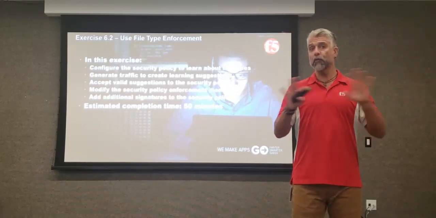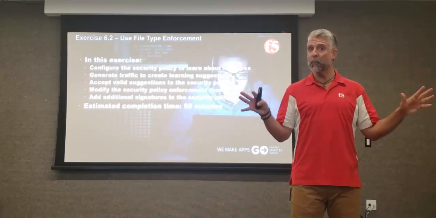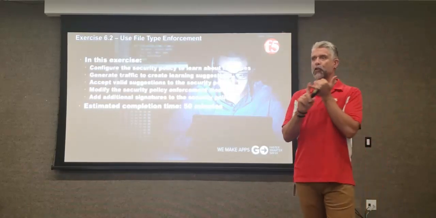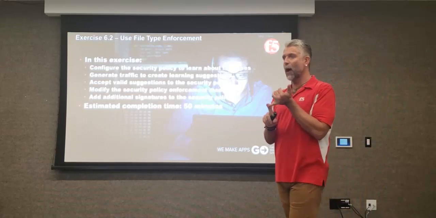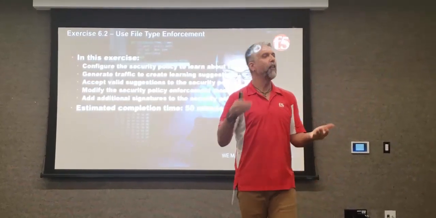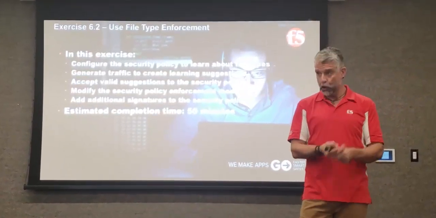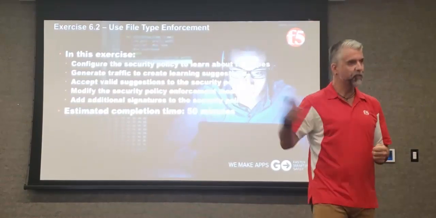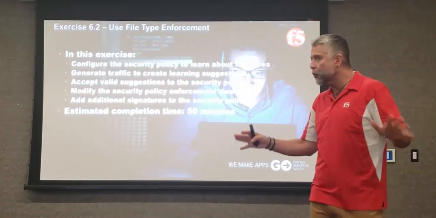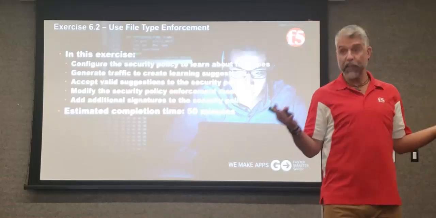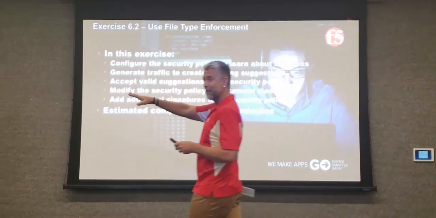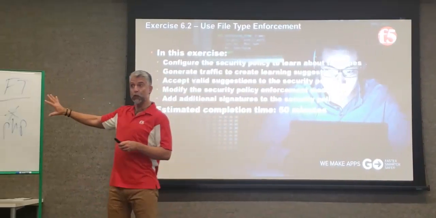In your exercise, you're going to start with a brand new policy. And in this policy, you're not going to add blocking mode or anything like that. You're just going to do the simple policy. Rapid deployment, that's it. And then you're going to add the ability to learn the new file types. You're going to generate some suggestions. You're going to look at those suggestions and add the appropriate file types to your whitelist, and then view the results.